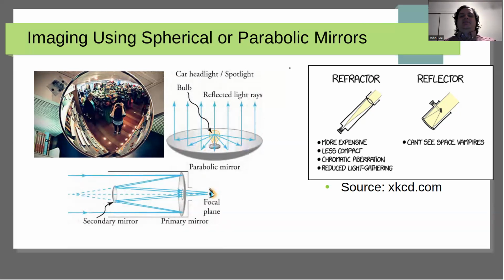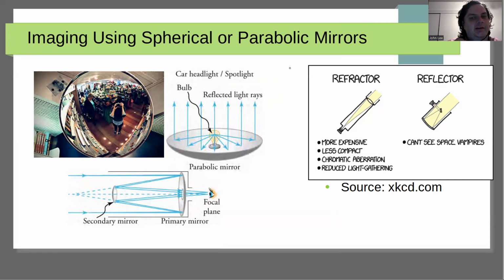So on this XKCD comic that isn't from the textbook, but I still decided to use, you have all the benefits of using mirrors instead of lenses, where lenses are more expensive and less compact.